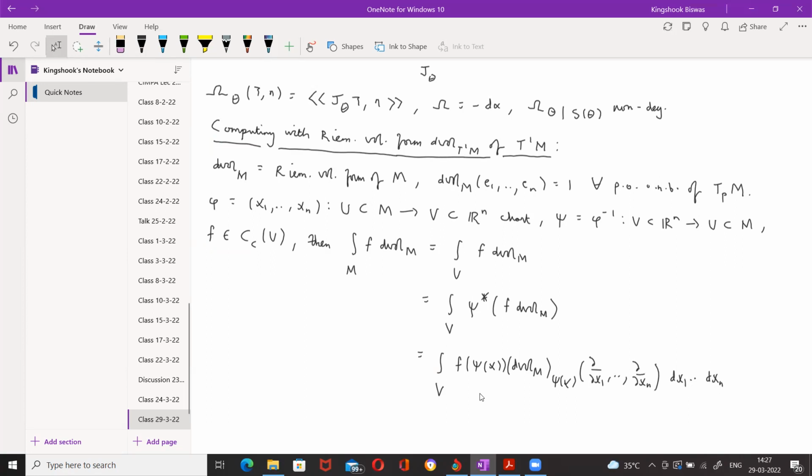So if I take an orthonormal frame on U, then this will be f of psi x times dvol of del del x1 to del del xn, which is just the determinant of the map which sends my orthonormal frame, let me call it E_i, at the point psi x, to del del x_i, with i going from 1 to n.